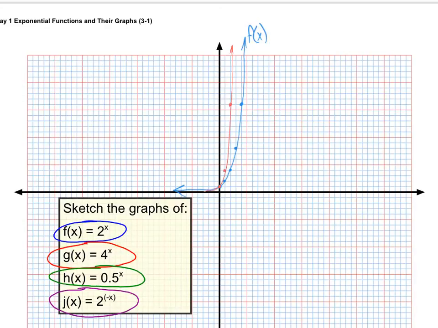Also, notice it's going to approach the x-axis. It's a little hard to see, but it's going to approach the x-axis faster as we go to the left. So there's our g of x right there. You notice the bigger a is, the faster it's going to increase.